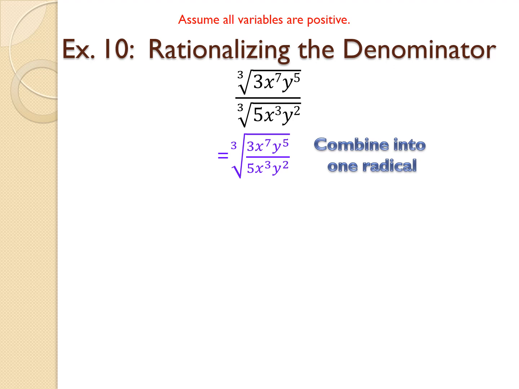If we subtract those, that becomes x to the 4th on the top. With the y, it's y to the 5th over y squared, so 5 minus 2 is 3. That's going to be y cubed on top. So when we simplify the fraction, I get 3x to the 4th y cubed over 5.